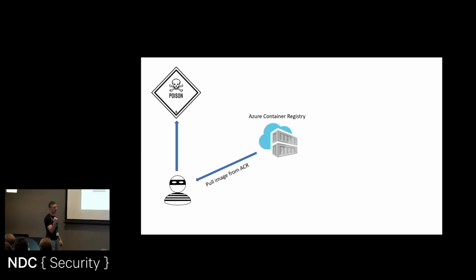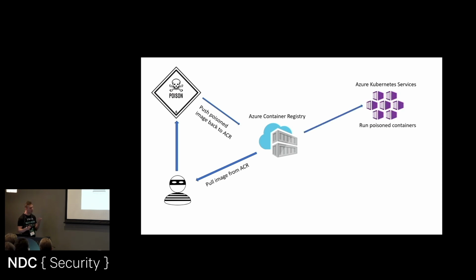It's quite easy. If you can download an image, you can modify this image as well. Then you can push those images back to the container registry. Not you, but attackers.